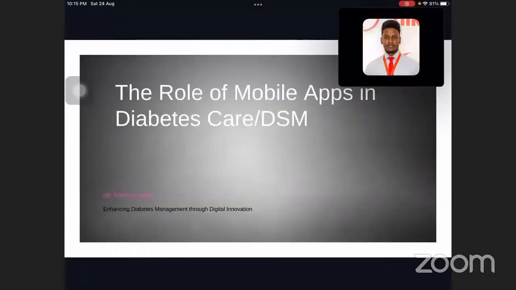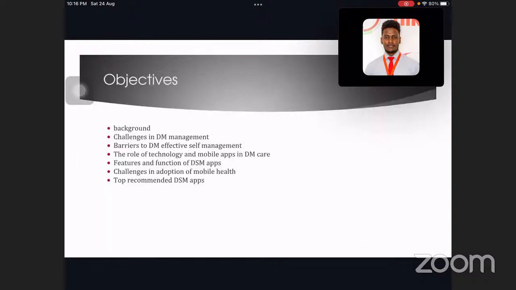Okay, we are going to talk about the role of mobile apps in diabetes care or diabetes self-management. So we will start by briefly talking about the background and the impact of the problem of diabetes and the challenges in management of diabetes.